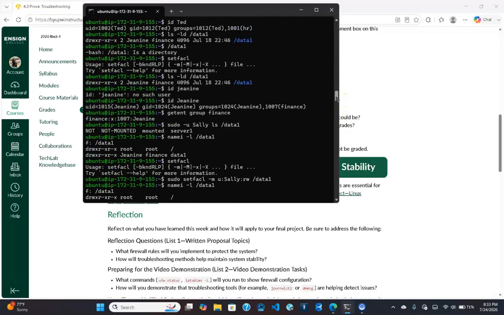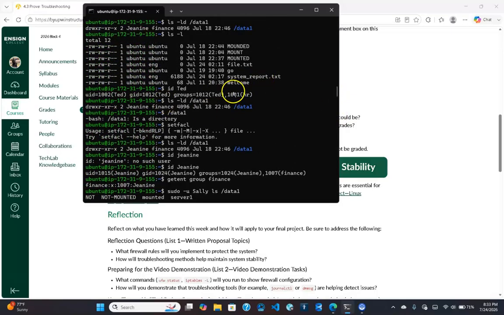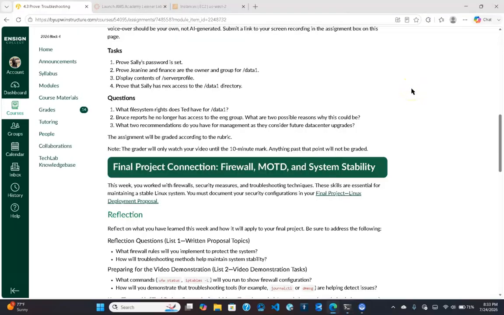Maybe somebody can better explain that to me, because as you could tell when I was going through stuff, id Ted shows groups he's part of, which is HR. He's not part of any other groups. Janine controls data, finance and data 1. She's the owner of it, and I think that's why Ted doesn't have, because he's not part of the group, so he doesn't have really any access to data 1 files. For the most part, he might be able to see them, but that's as far as that goes.